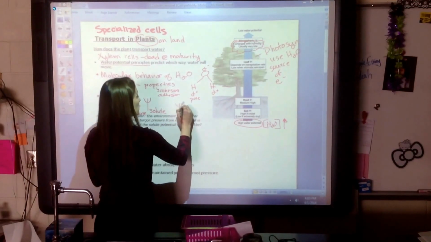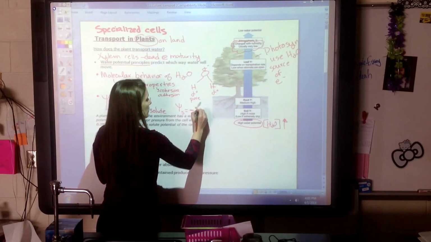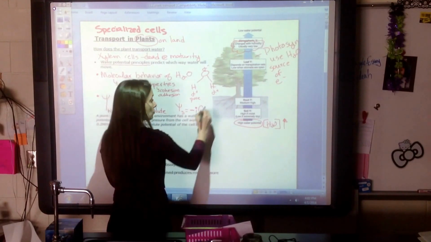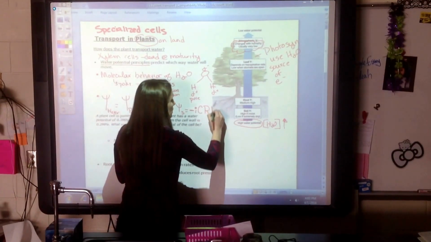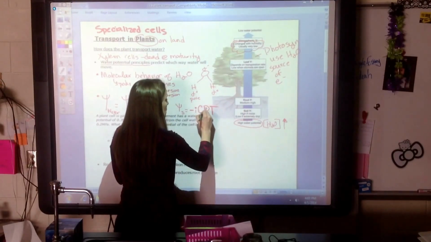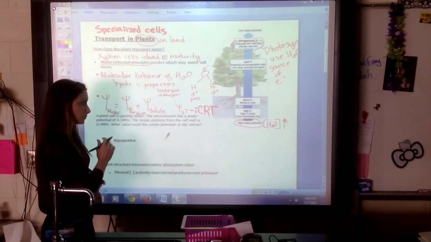Now solute potential is negative iCRT: i for the ionization factor, C for the concentration, R, which is a set value, and T, which is the temperature. You do need to know these equations. It's a review from before in the year.